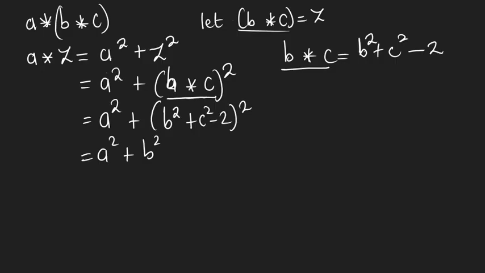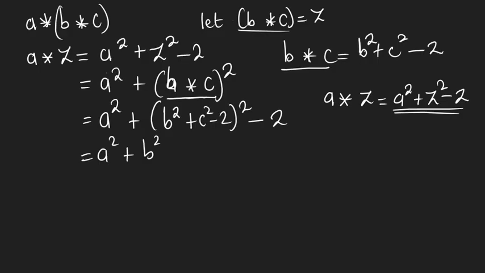I forgot to put minus 2 on this side. Why am I putting minus 2? It's because A star Z is the same as A to the power 2 plus Z to the power 2 minus 2. That's what the equation is saying. So even here, minus 2. That's the condition. Just obey the operation.